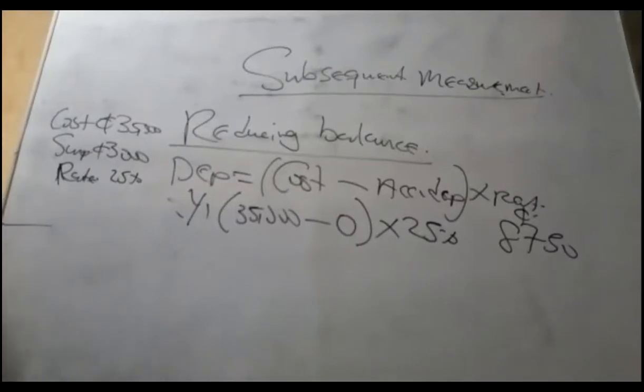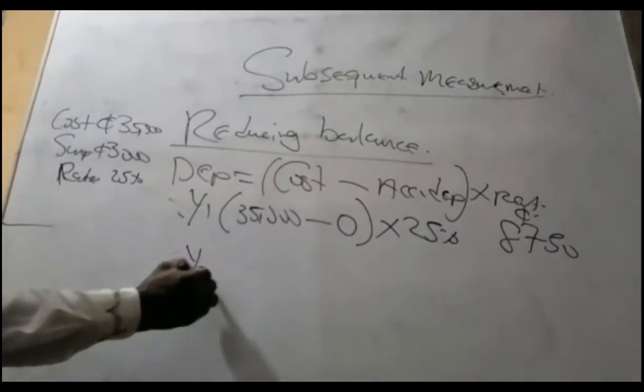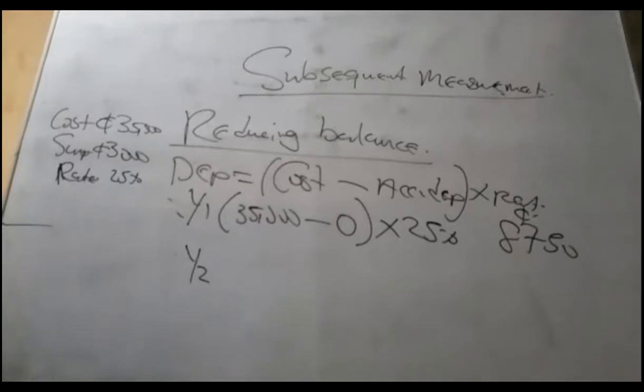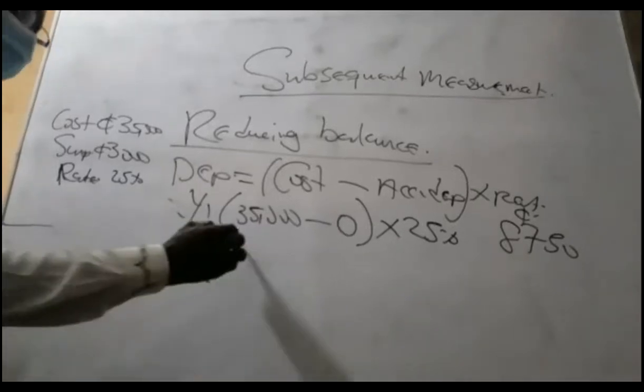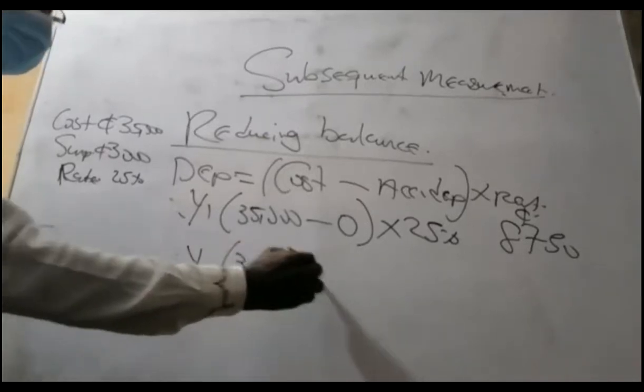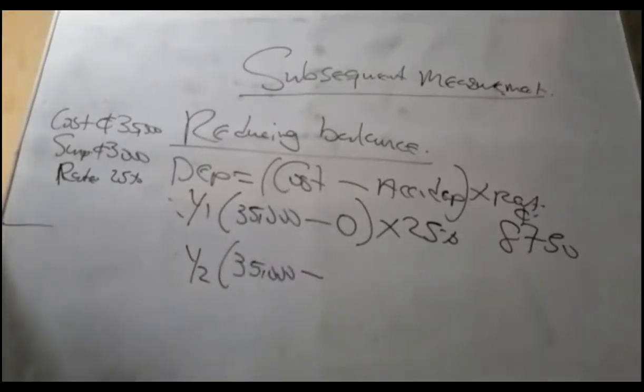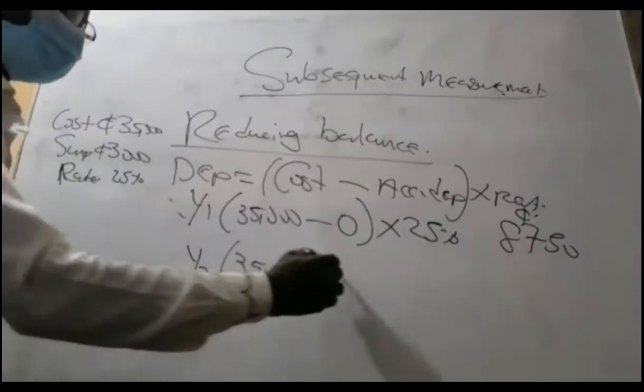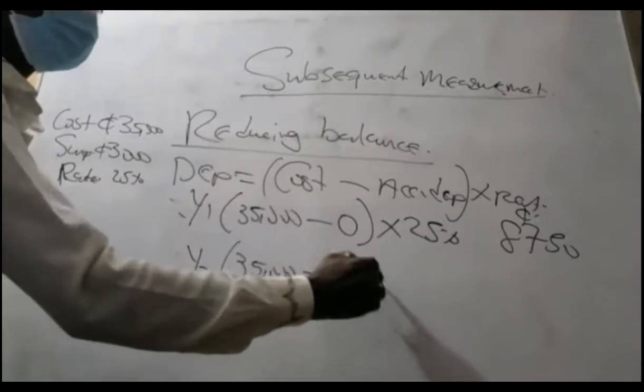Good. When you go to year two, depreciation will be what? 35,000 less any depreciation charged on this asset. So they've charged you what? 8,750.